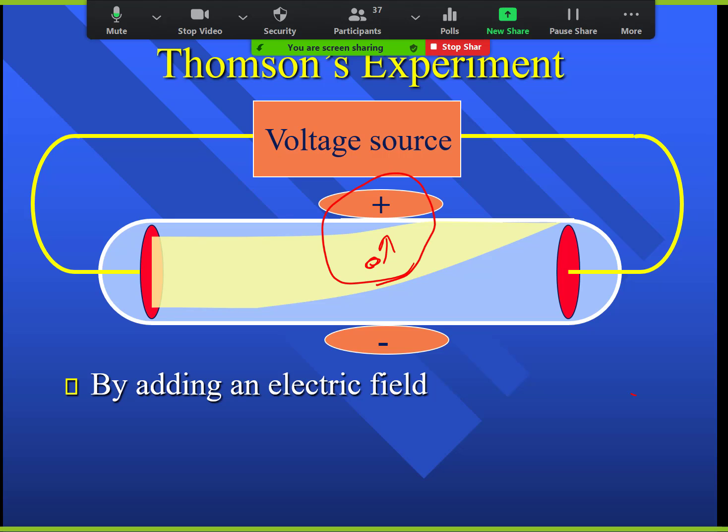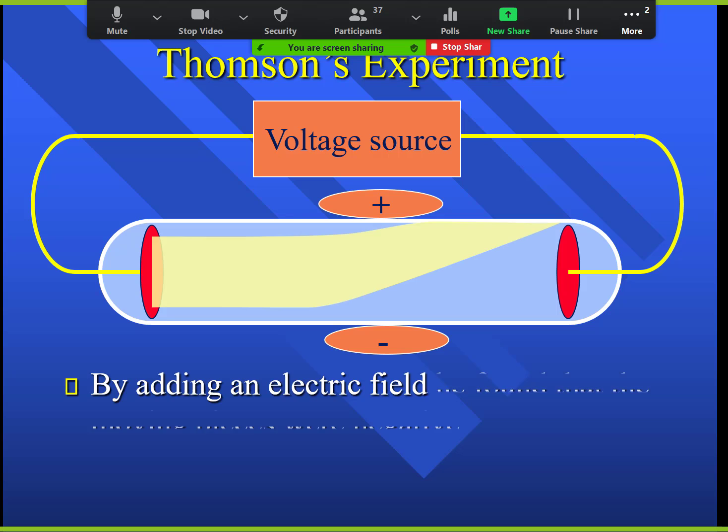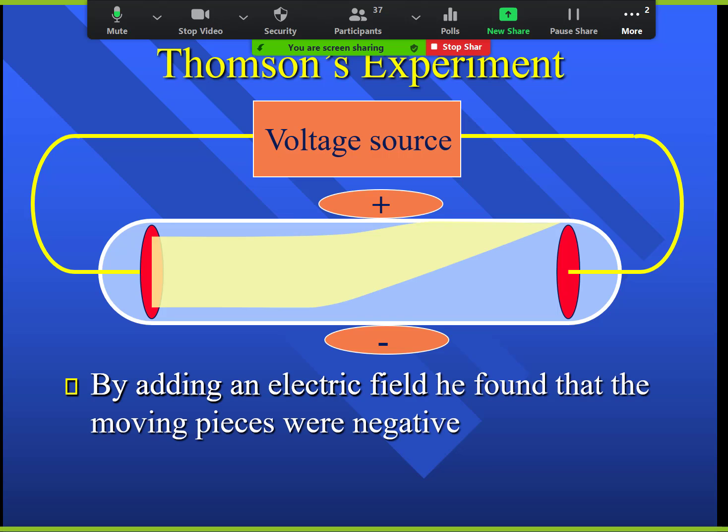So this is being attracted, so if that's positive, this must be negative. Or we could also use the rule that same charges repel. So this is negative, this is being pushed away, so whatever is there has got to be negative. So he knew moving pieces were negatively charged. Okay with that? So now he knows he's got pieces with mass that have a negative charge.